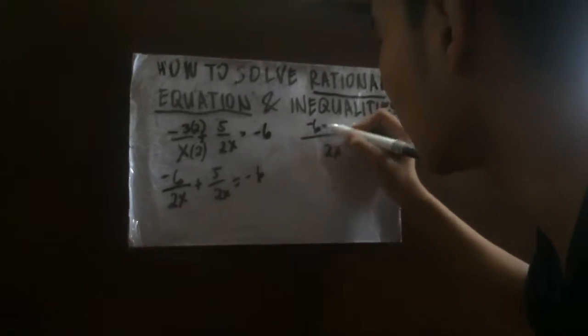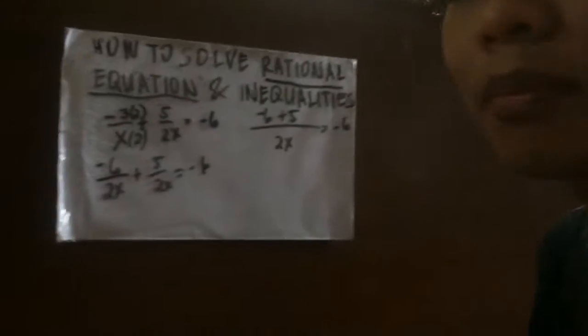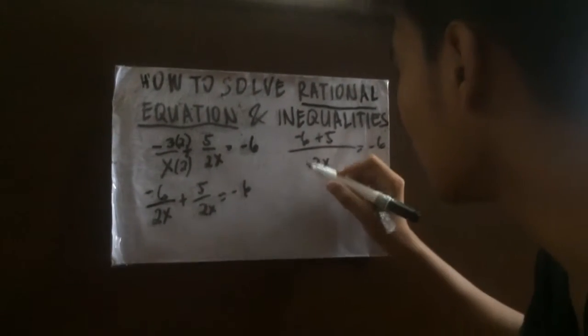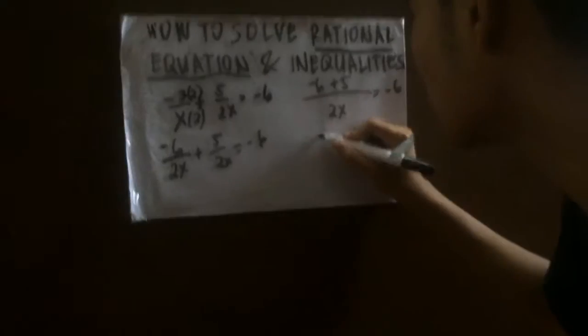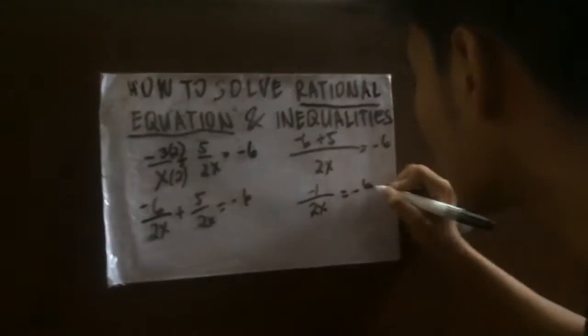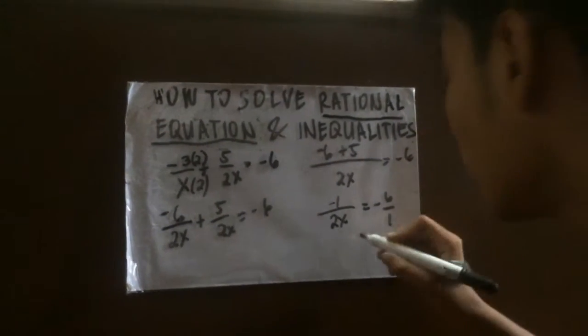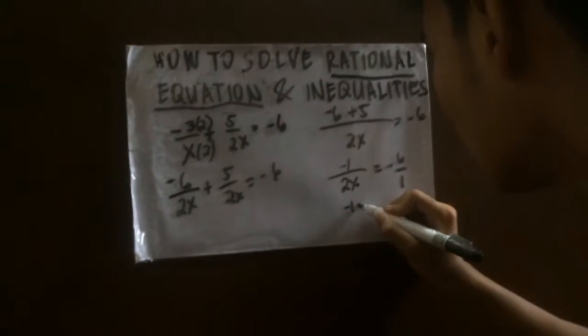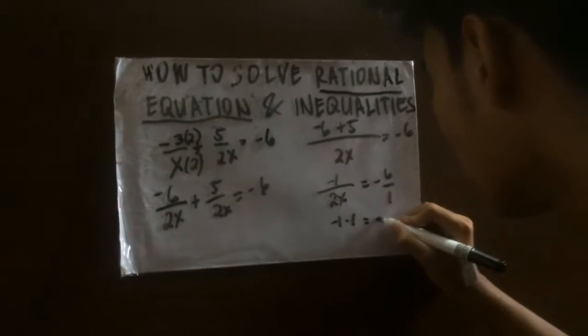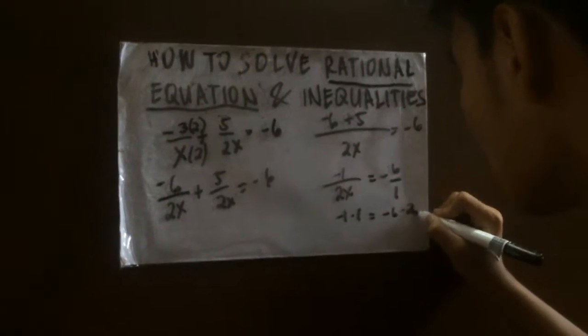Then, pass it. Negative 6 plus 5 is equals to negative 6. Then, parehas lang nung ginawa natin sa una. Negative 6 plus 5 is equals to negative 1 over 2x is equals to negative 6. Over 1 mo ulit para mag-cross multiplication. So, negative 1 times 1 is equals to negative 6 times 2x.